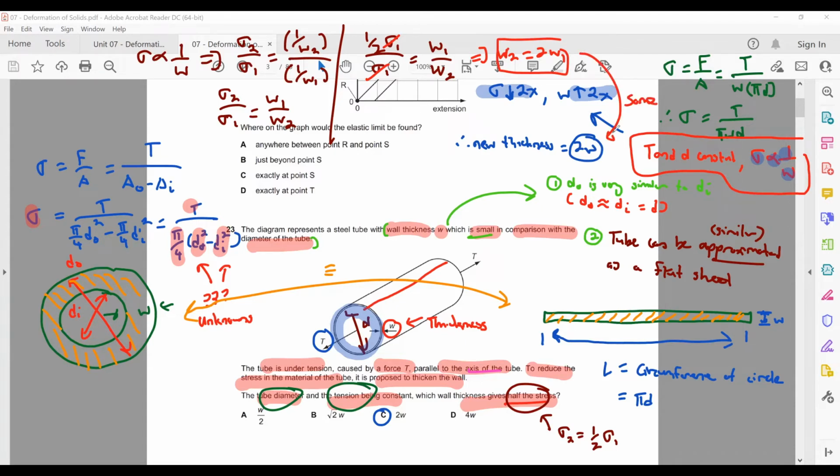Same. Okay. So when it comes to this kind of questions, this method of doing things using ratios, you will see a lot in chapter 7 onwards. From the chapter of deformation of solids onwards, you will tend to see quite a number of questions that will need you to make use of ratio. This is what we call the ratio method.